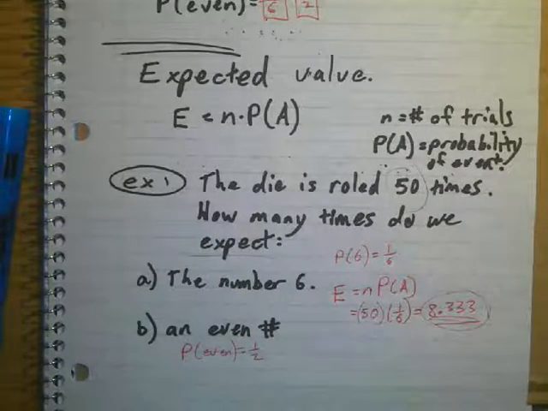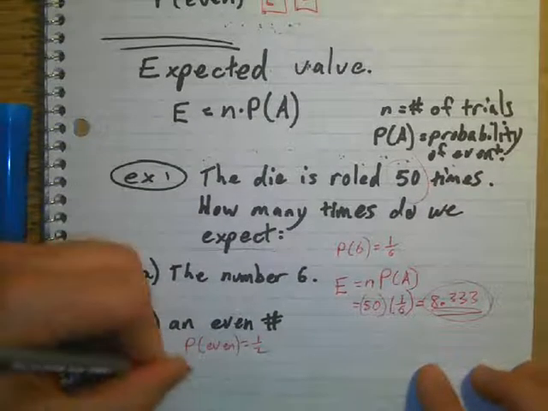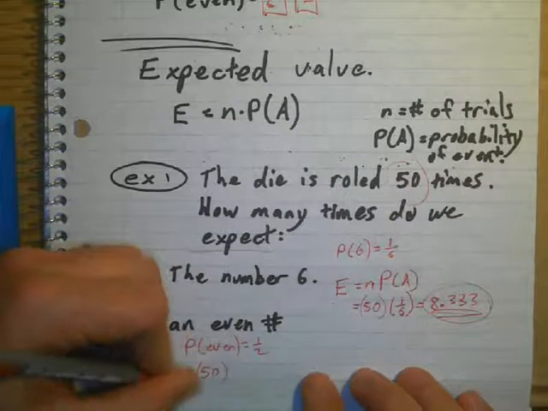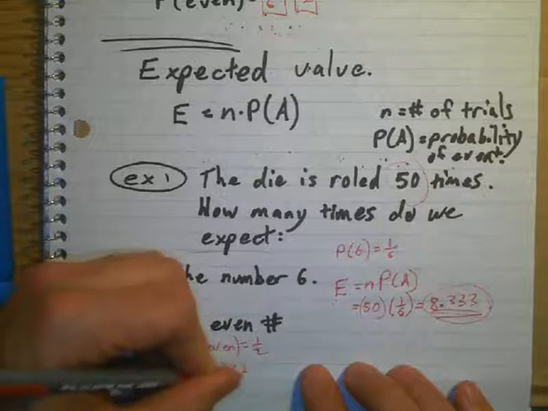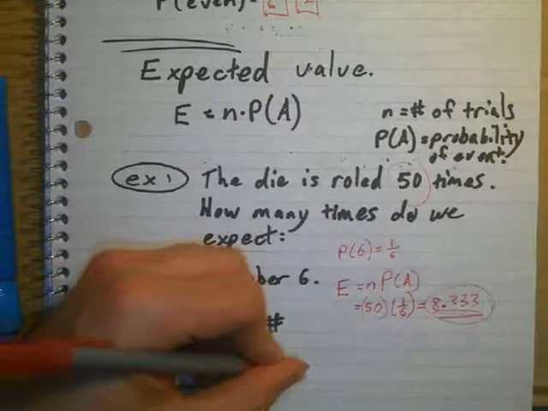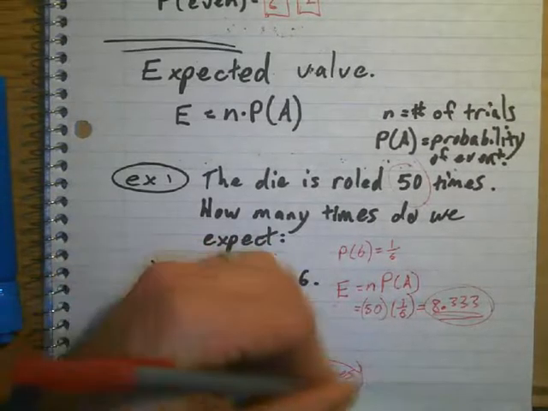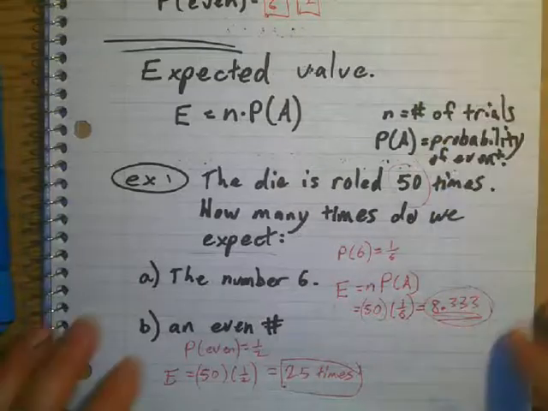And so our expected value is going to be equal to the number of times we roll the die, which is 50 times, times our probability, which is 1/2. So we expect to get an even number 25 times. Okay, your homework for the most part is going to be like that. Let's talk about another example.